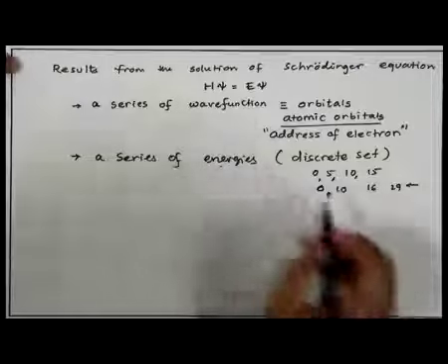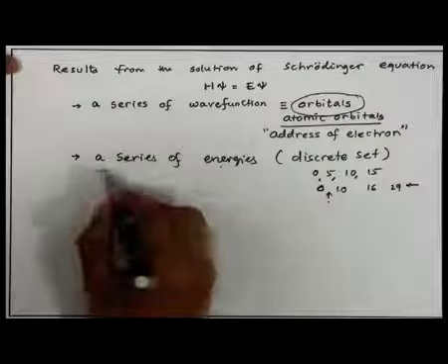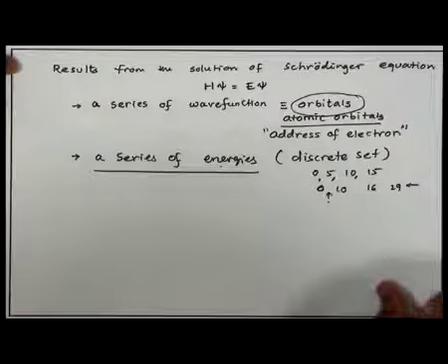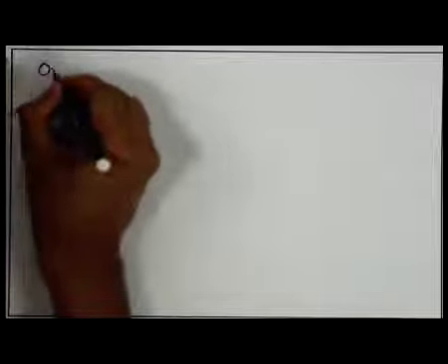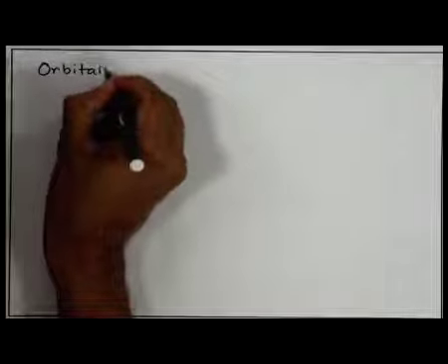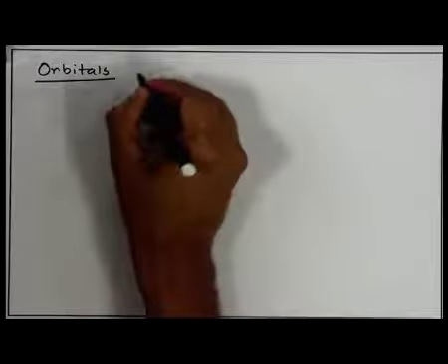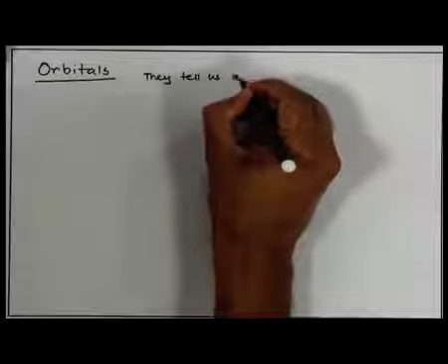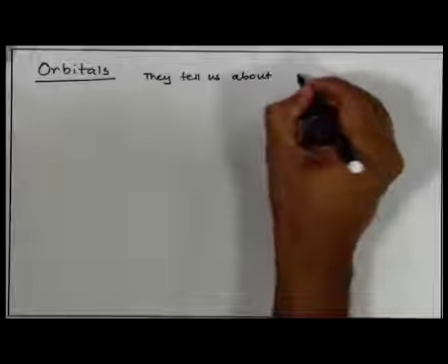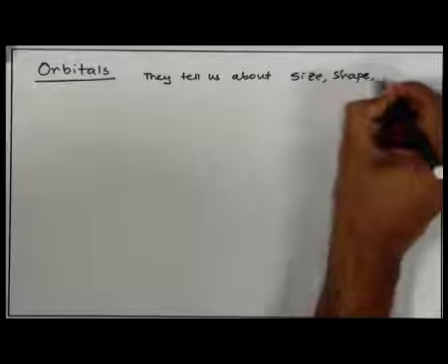Right. Now, first we will discuss the orbitals, and then we will come to the energies. The first topic of our discussion is the atomic orbitals that we get from solving Schrodinger's equation. These orbitals, which are also the wave functions, tell us about the size, shape and orientation.